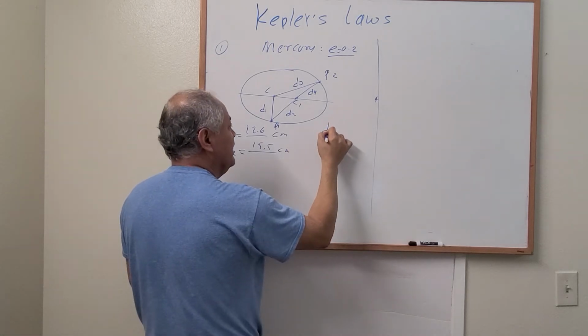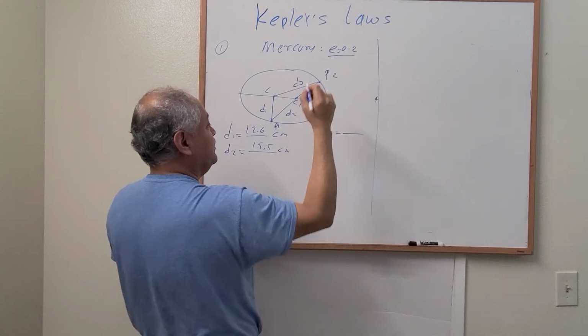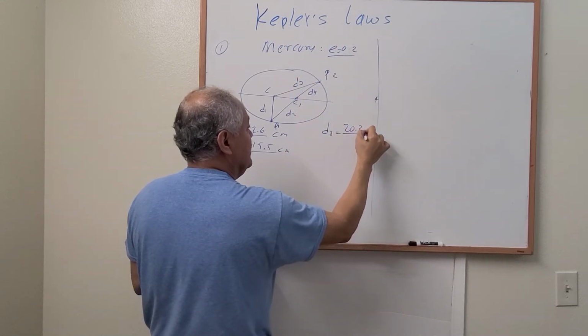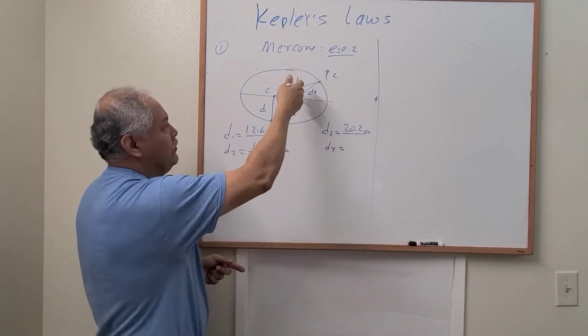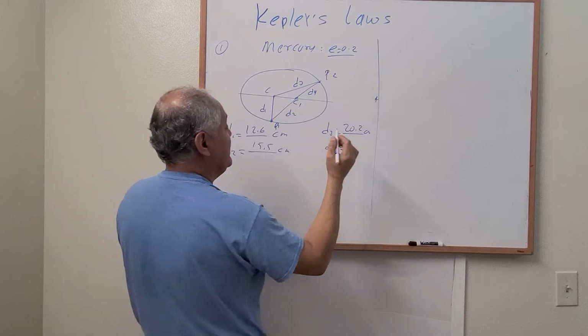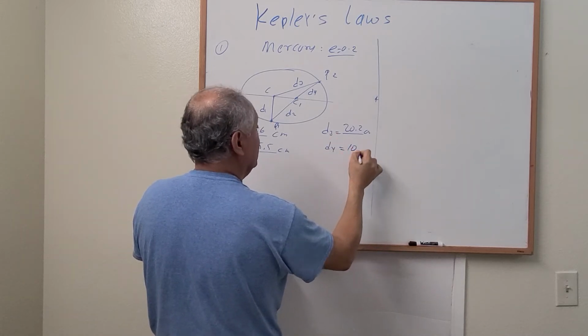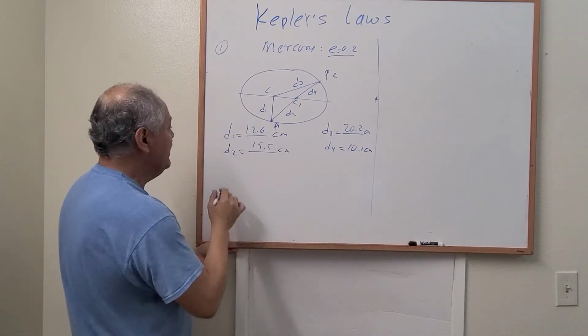Let's say D3 is 20.2 centimeters and D4 is 10.1 centimeters.